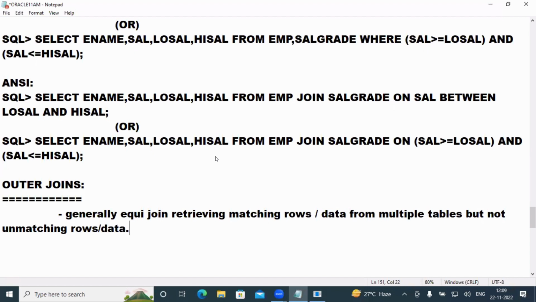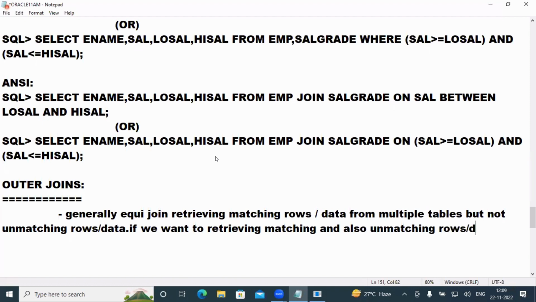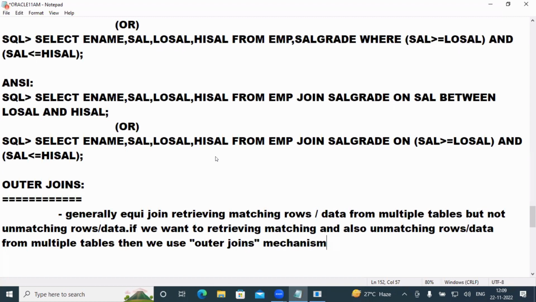So generally equijoin retrieves matching rows only. Then if we want to retrieve matching and also unmatching rows or data from multiple tables, then we use which joins here? Outer join mechanisms.